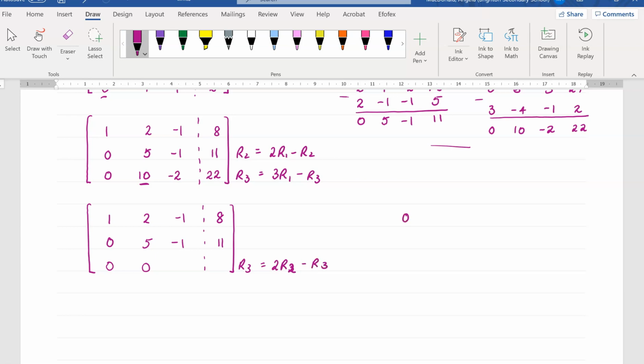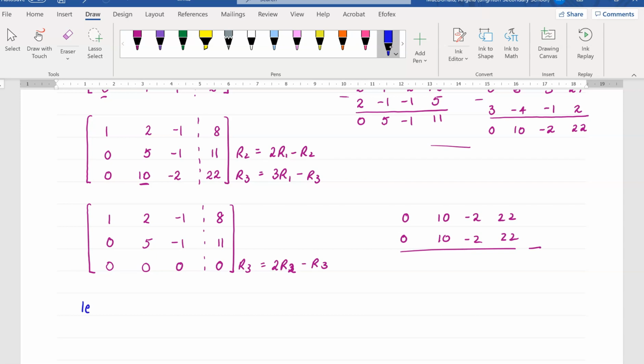So we're looking at 0, 10, minus 2, 22, 0, 10, minus 2, 22, and look at that, they're all the same. So once again, we end up with infinitely many solutions.